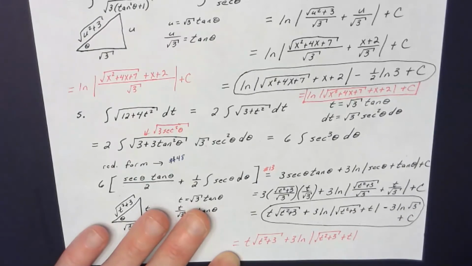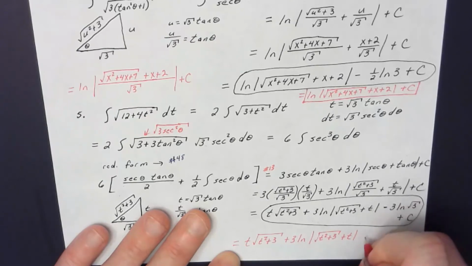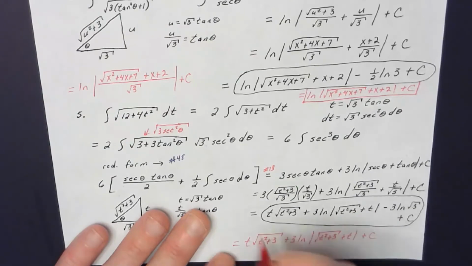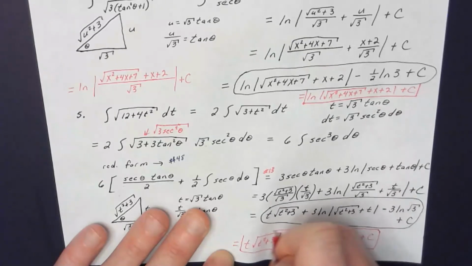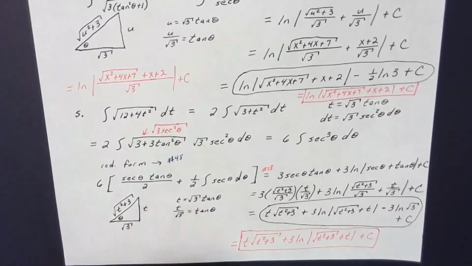And then that minus 3 natural log of the square root of 3, that just gets absorbed into the constant. We know that that's nothing but some irrational number. Well, that irrational number can just be contributing to whatever the value of C is. And I need you to see that.